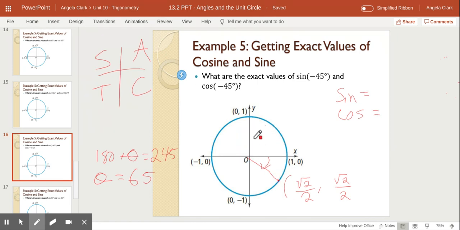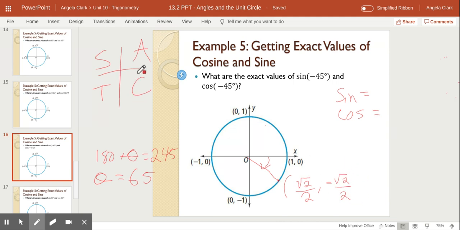So just like we got in the first example, we would have the same thing here, but in this case, something is negative. What's negative? Well, y, right? Y is negative. So this is going to be negative. Also, that's sine, right? So sine is going to be negative.